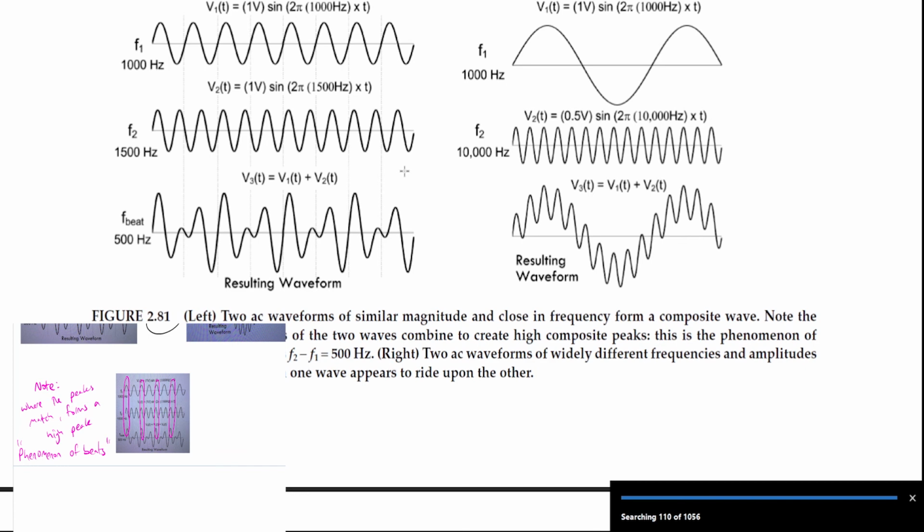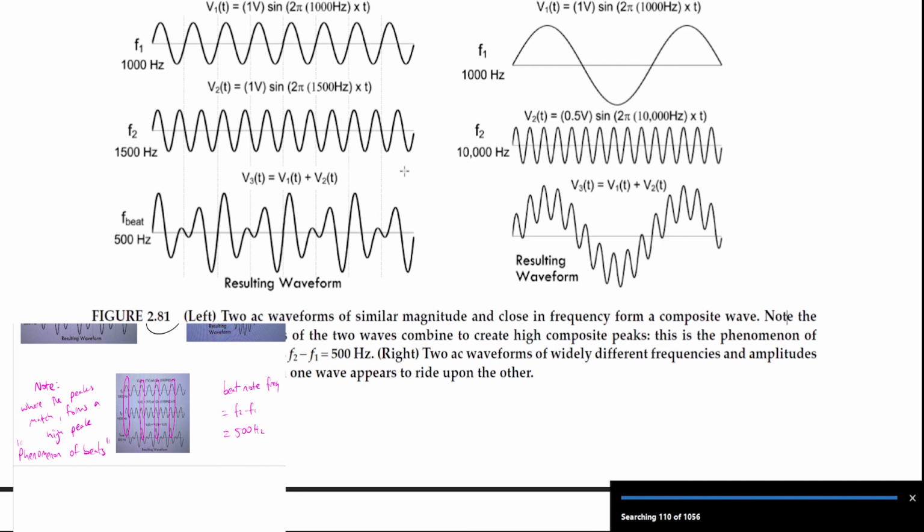Beat note frequency. Okay. Beat note frequency is equal to F2 minus F1. 500.